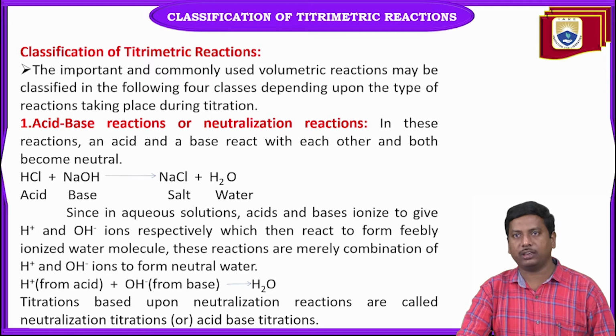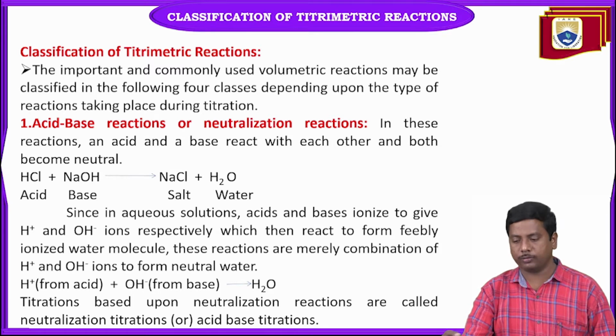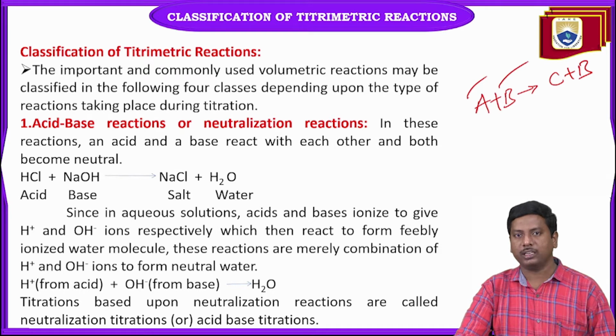The important and commonly used volumetric reactions may be classified into the following 4 classes depending upon the type of reaction taking place during the titration. For example, consider a chemical reaction A plus B gives rise to C plus D. From the reaction mechanism involved between reactant molecules A and B, we can finalize the type of chemical reaction.